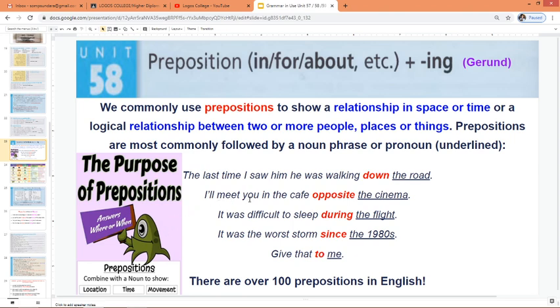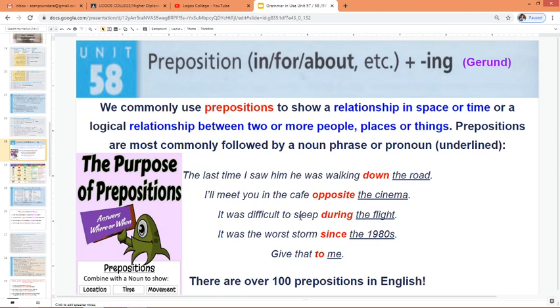Look at this next one. I'll meet you in the cafe opposite the cinema. So opposite connects cafe and cinema. Where is the cafe? The cafe is opposite the cinema. It was difficult to sleep during the flight. When was it difficult to sleep? During the flight.